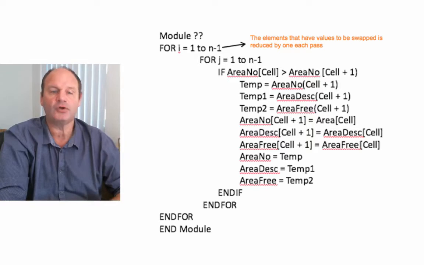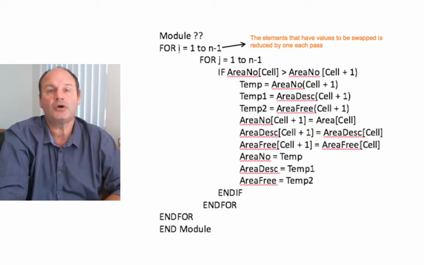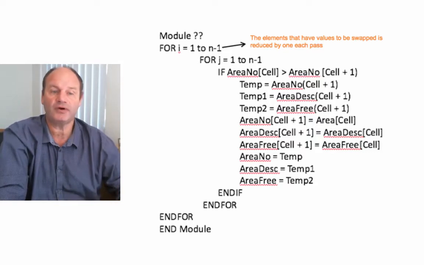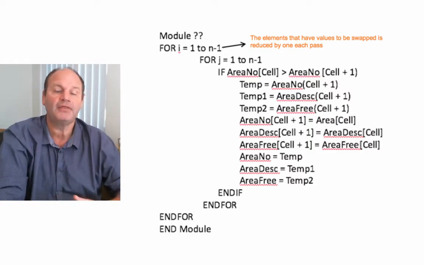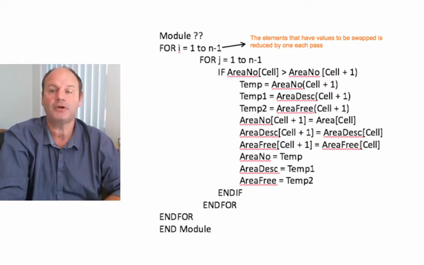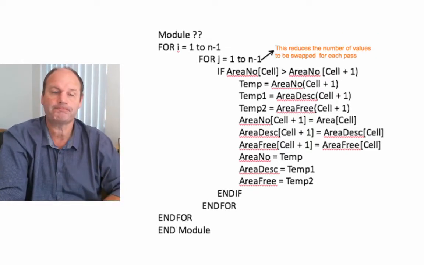The first for loop is concerned with the passes. So, what the pseudocode is saying, start with the first swap and keep looping. But with each loop, do one less final swap each time. This reduces the number of values that can be swapped with each pass.